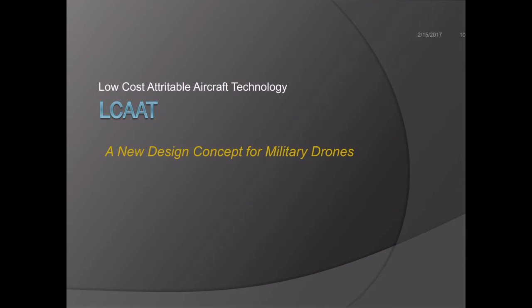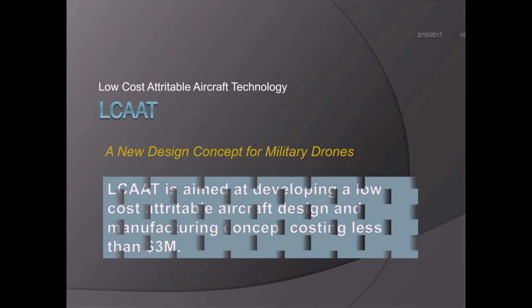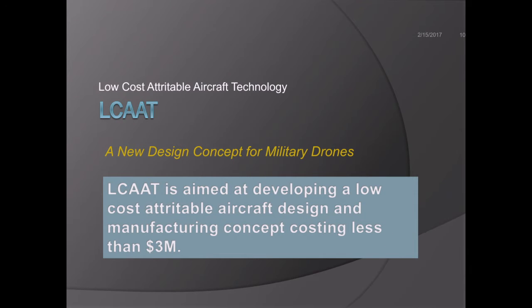So we're going to look at what the LCAAT project is in high-level terms. So LCAAT, first of all, stands for Low-Cost Attritable Aircraft Technology. We'll talk more about all of those words in a few minutes. But basically, it's a new design concept for military drones. The goal of LCAAT is to develop a low-cost, attritable aircraft design and manufacturing concept costing less than $3 million.